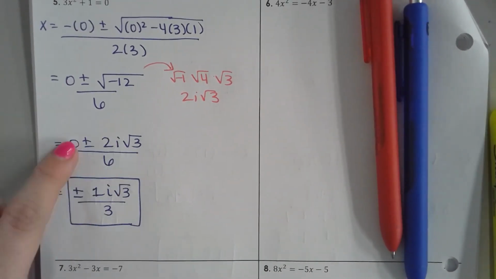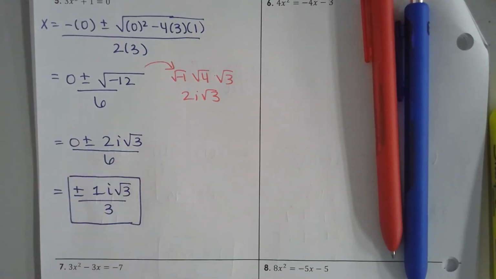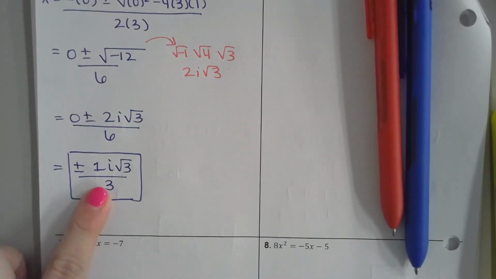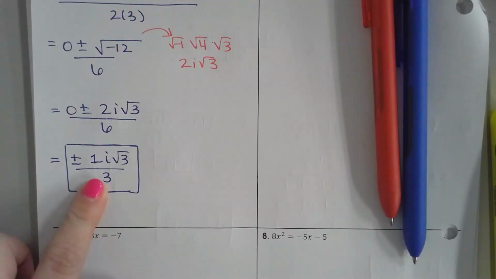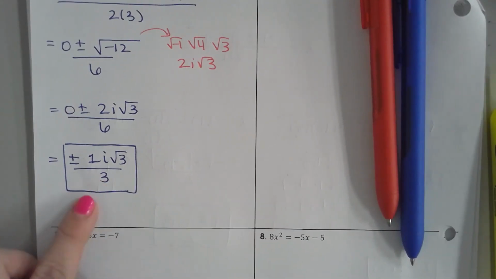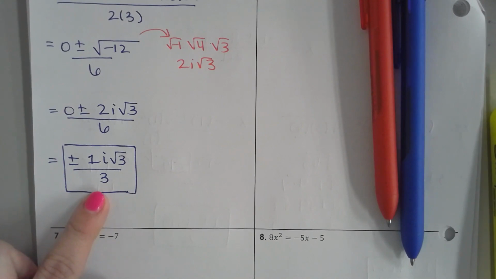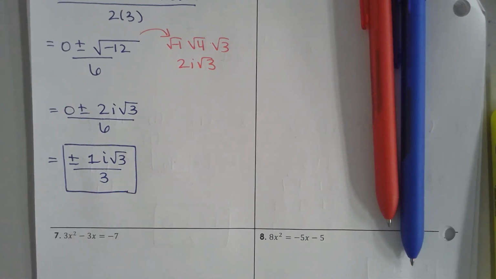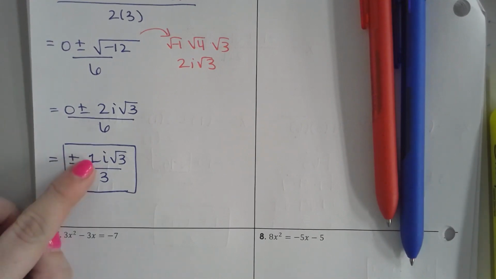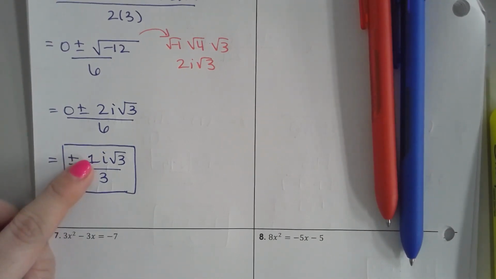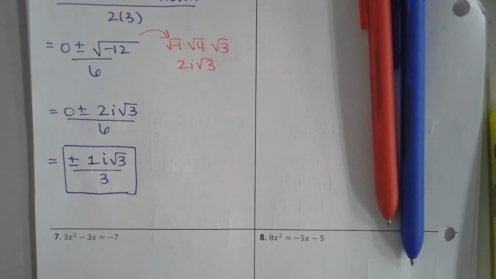So I divided all of those by 2, and I dropped the 0. So plus or minus 1i square root of 3, or i square root of 3 over 3, is the final answer. If you saw it on multiple choice, you would not see the 0, and you probably would not see the 1 there either. It would have just said i square root of 3, plus or minus.